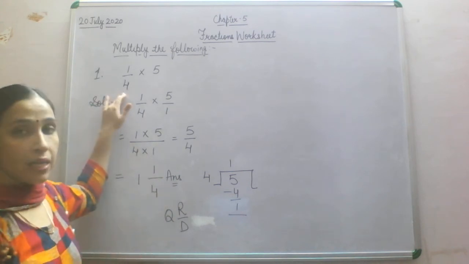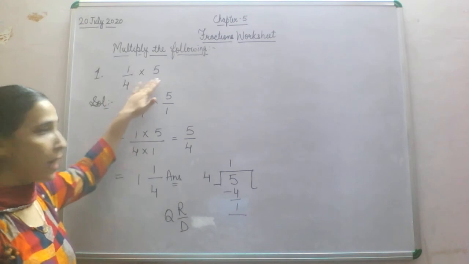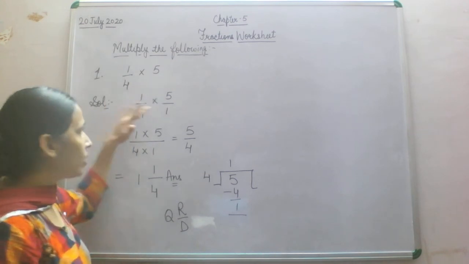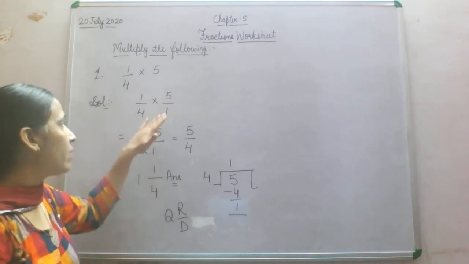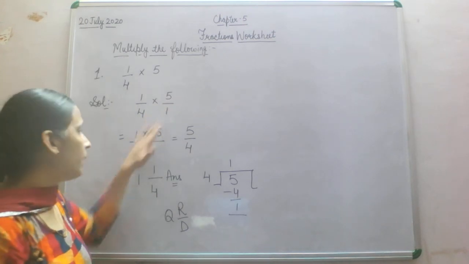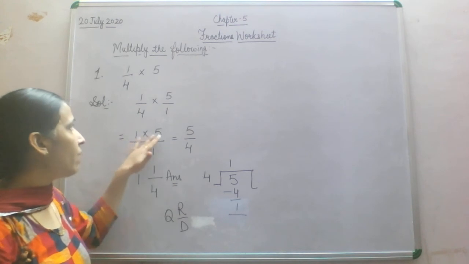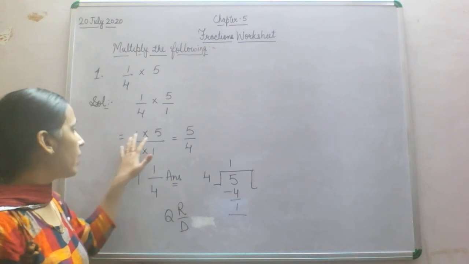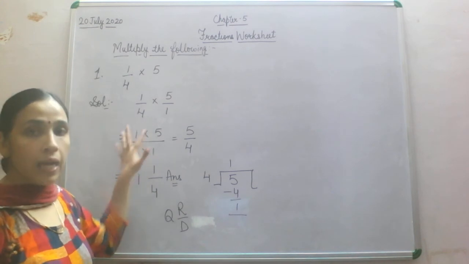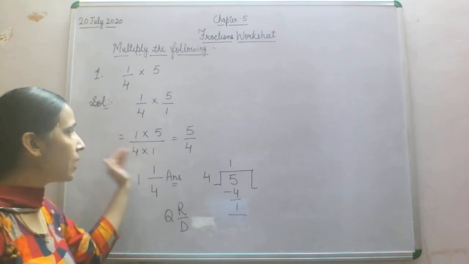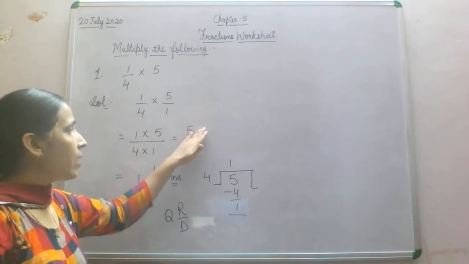So this is your first worksheet question, which is multiplication of a unit fraction by a whole number. The unit fraction, that is 1 by 4, multiplied by 5, which is a whole number. So here 1 by 4 is going to multiply by 5. Now nothing is there in the denominator, so we will write 1. Now the numerator is going to multiply by the numerator and the denominator will multiply by the denominator. After doing the multiplication, we will get 5 by 4.